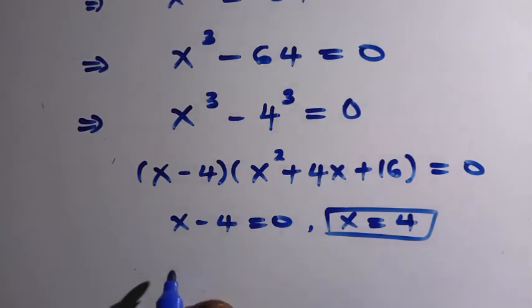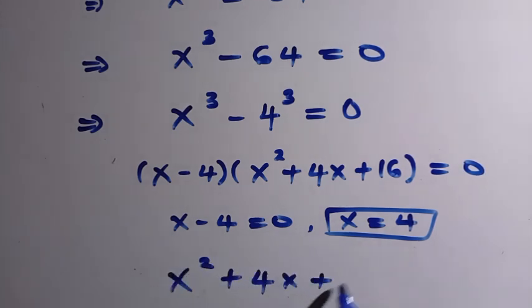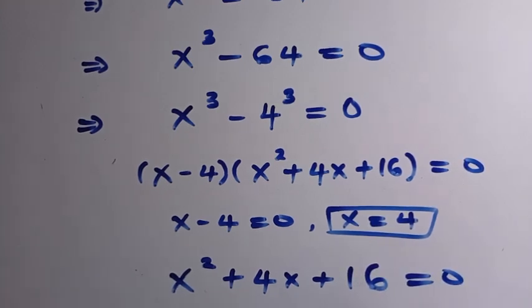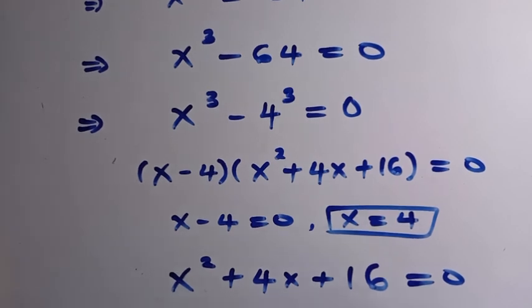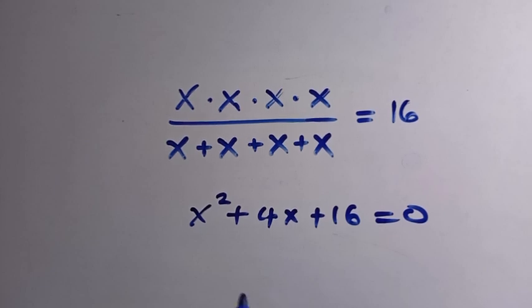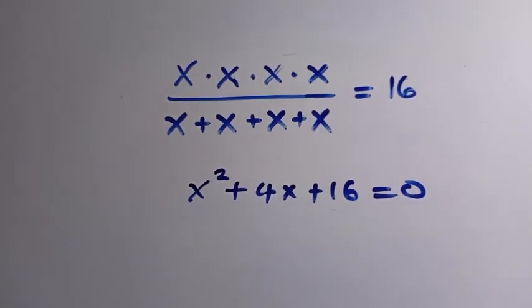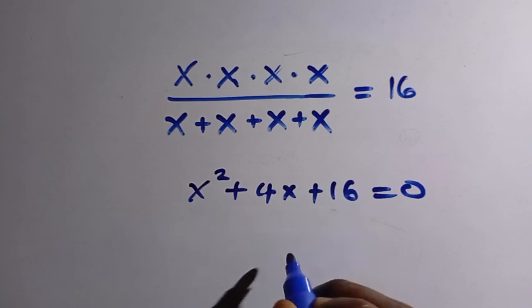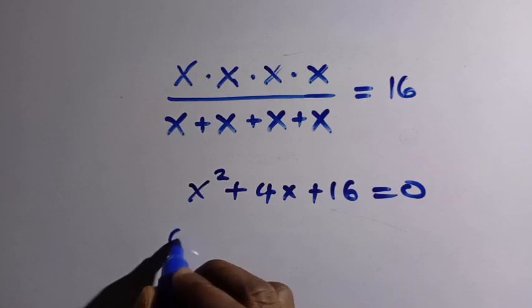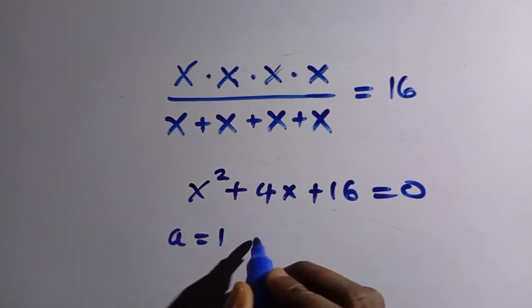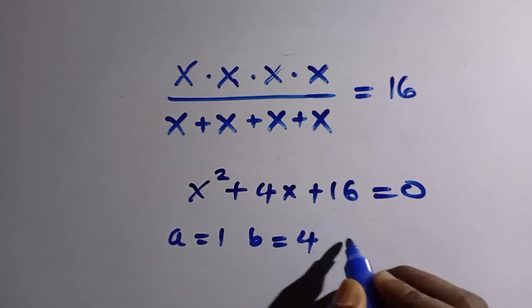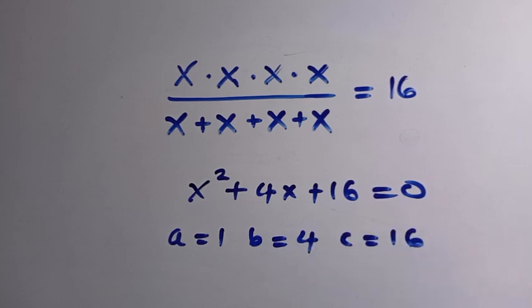And also, to solve the other part, we have x squared plus 4x plus 16 equals 0. Here is a quadratic part of this, and let's see how we can get the complex solutions. To get the other two solutions, we solve this quadratic equation. Here a, the coefficient of x squared, is 1, b is 4, and c is 16.